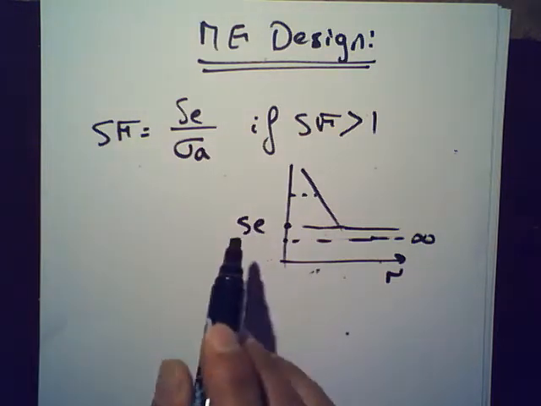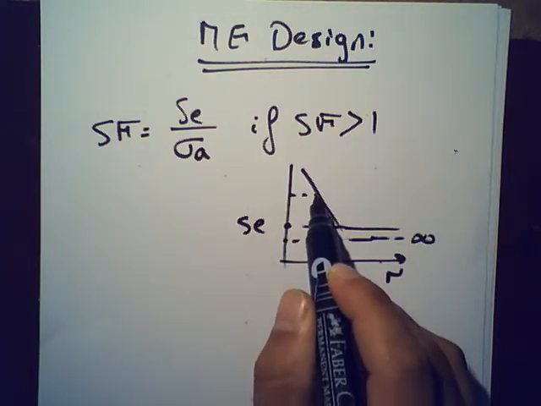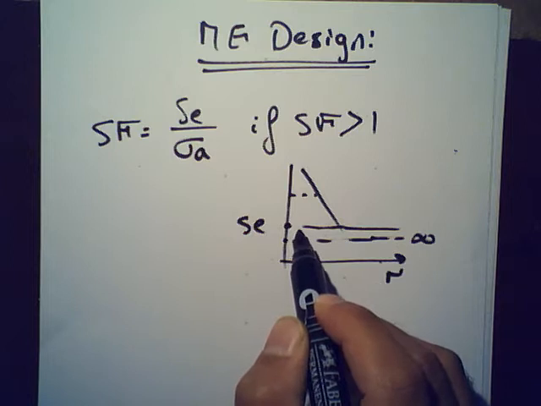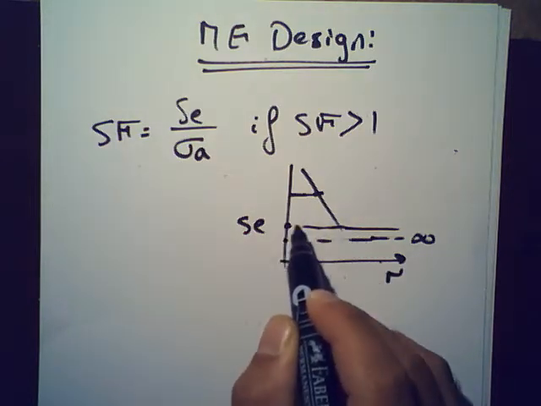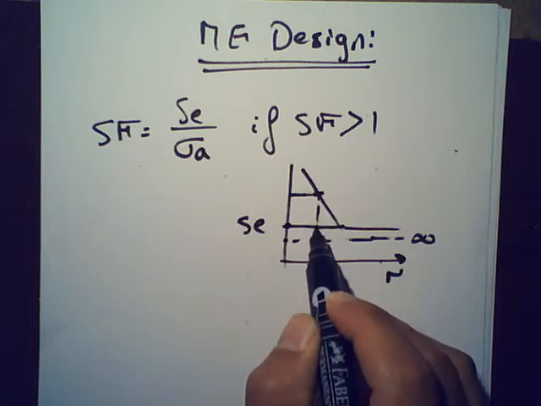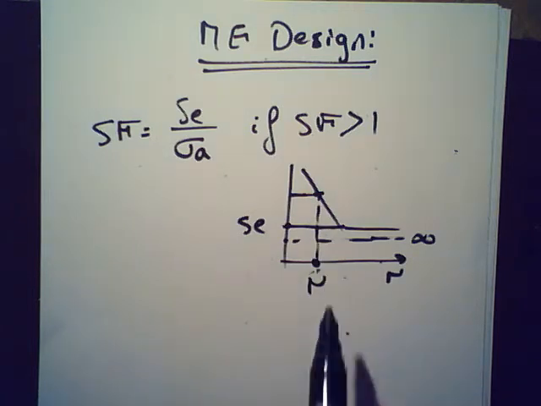But if our stress is somewhere over here, where the safety factor is below 1, it means that our stress is greater than our endurance limit, and we can find the corresponding number of cycles.